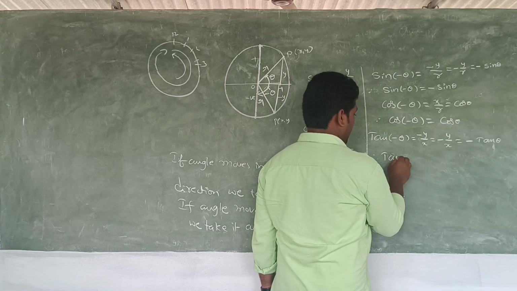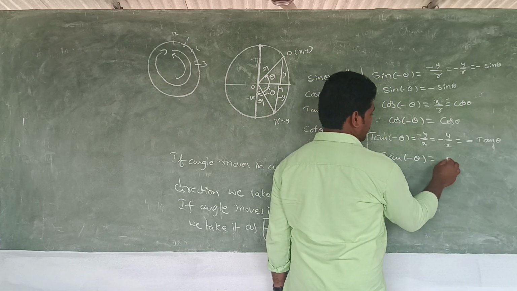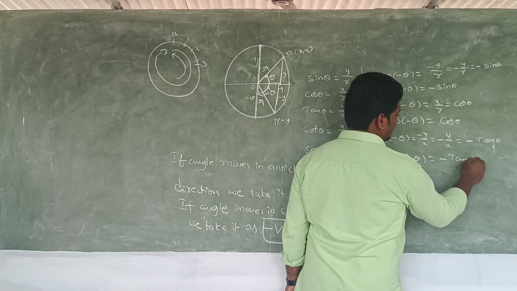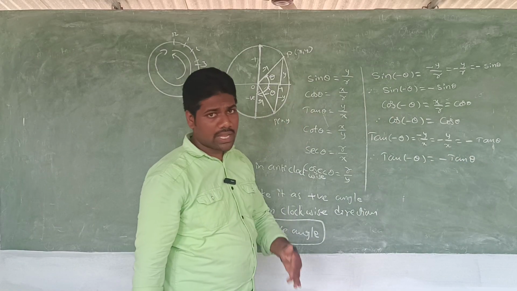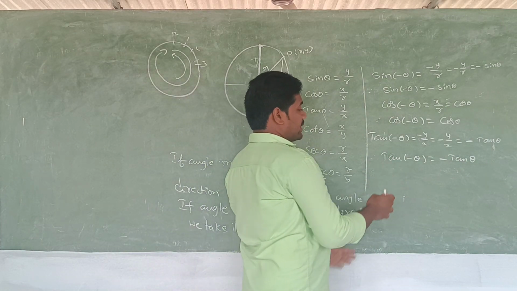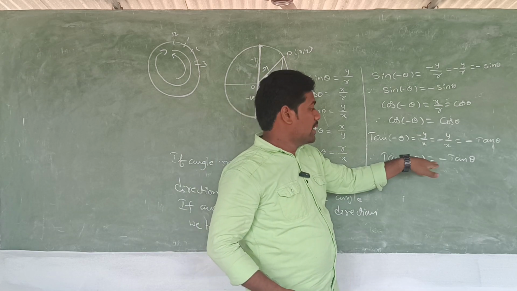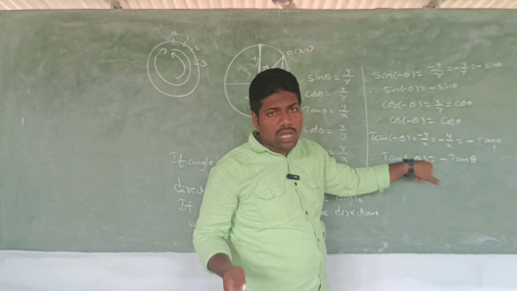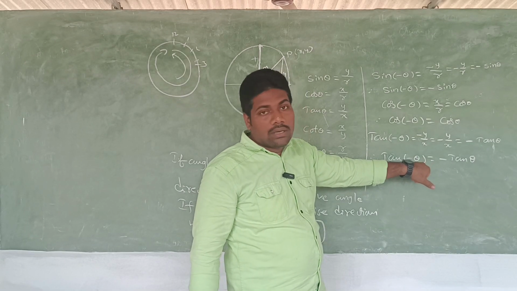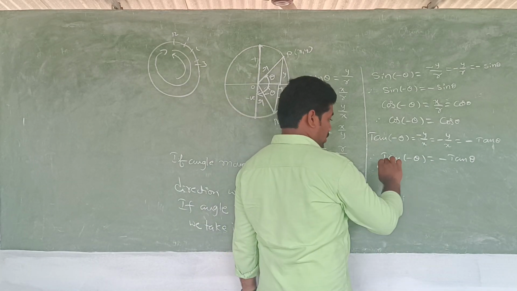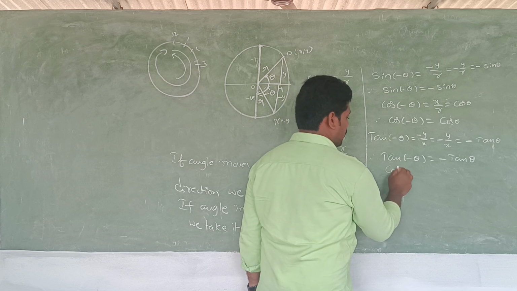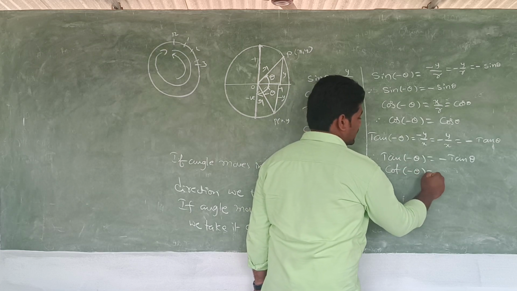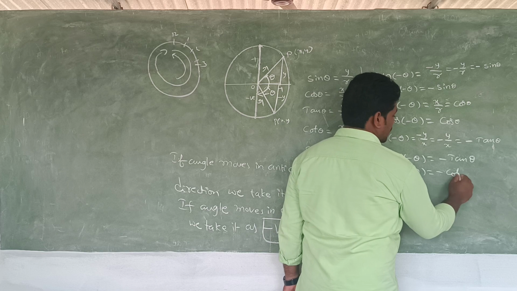Therefore, tan of minus theta is equal to minus tan theta. And similarly, the reciprocal also will get a negative value. That means the reciprocal of tan theta is cot theta. Cot of minus theta is equal to minus cot theta.